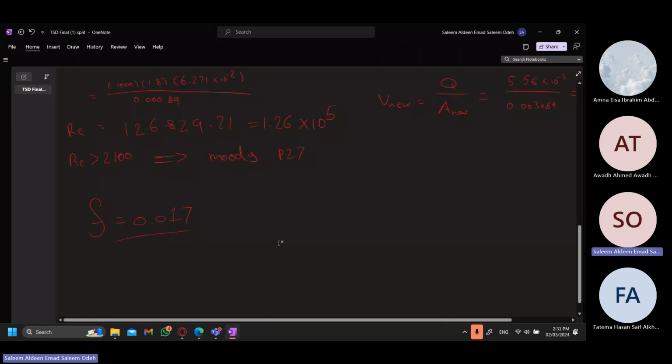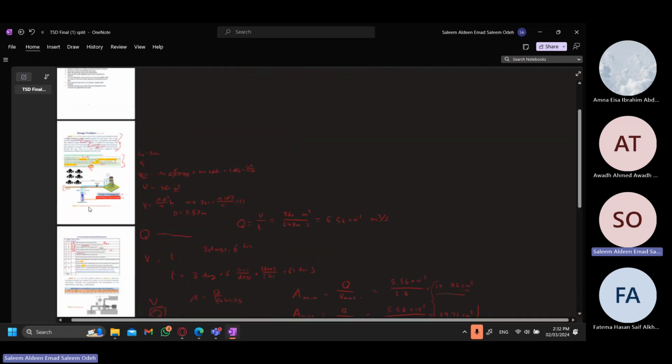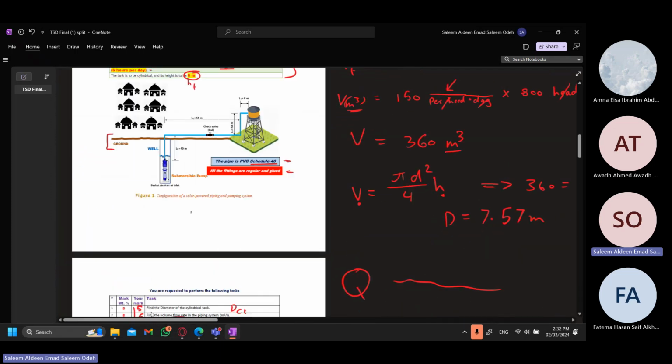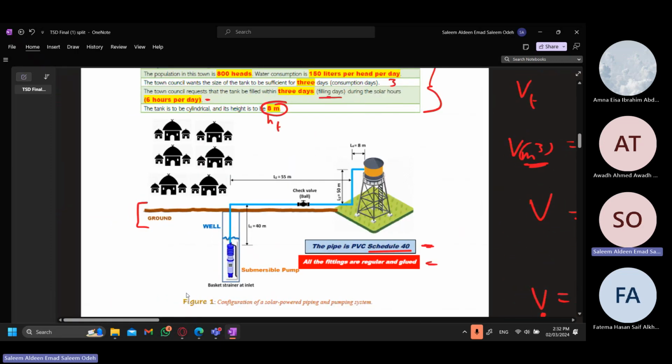Now what we need to find is a few other parameters before we can calculate the head. We need to calculate the length and the summation of K. To find the length, we'll go to the drawing provided for us. We'll calculate everything, regardless of whether it's going upwards, downwards, left, or right.